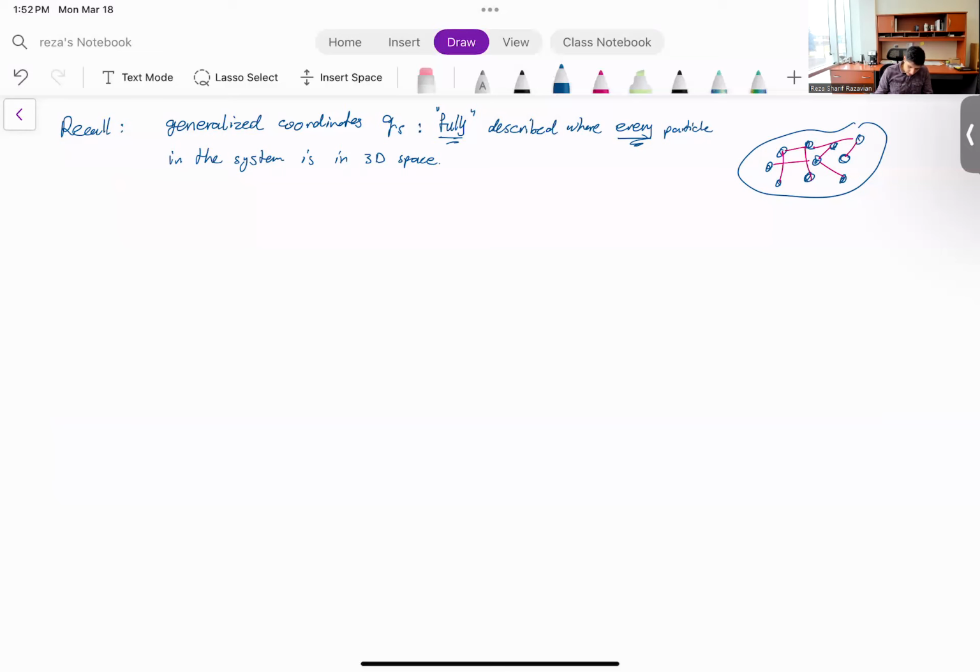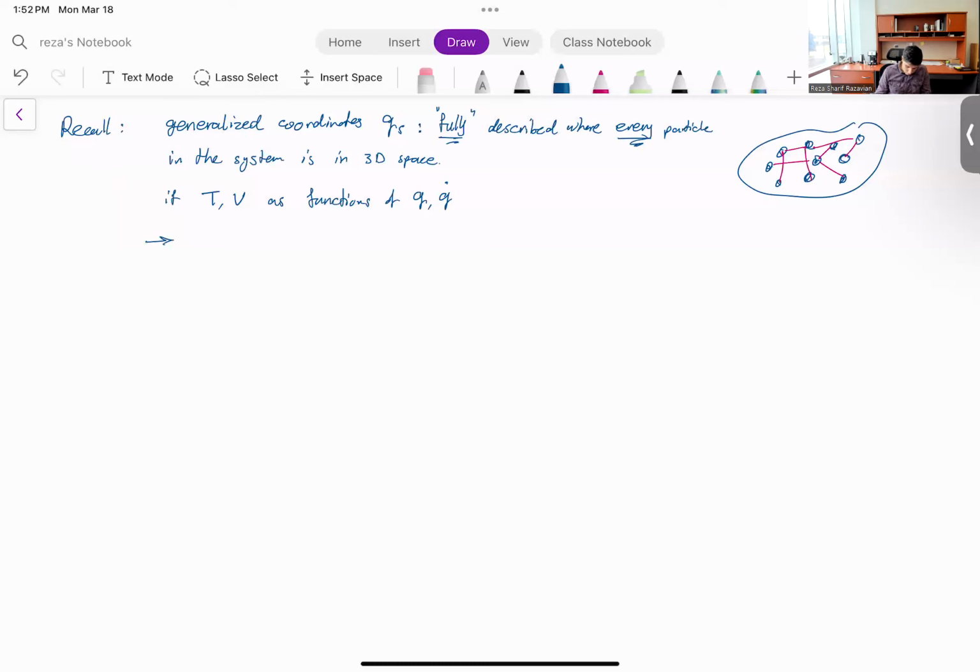And if we could write T and V, the kinetic and potential energy, as functions of Q and Q dot, if you had this set of generalized coordinates and we could write kinetic and potential energy as a function of those, then our life was so easy.